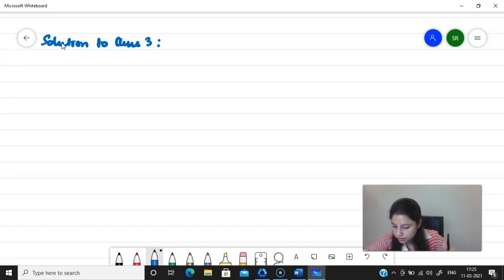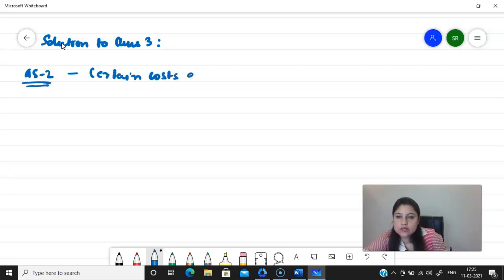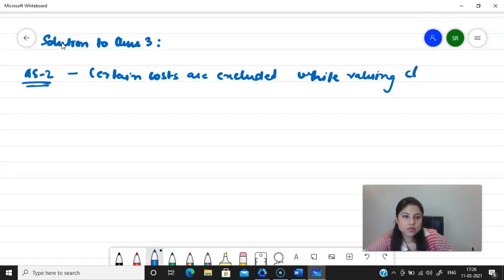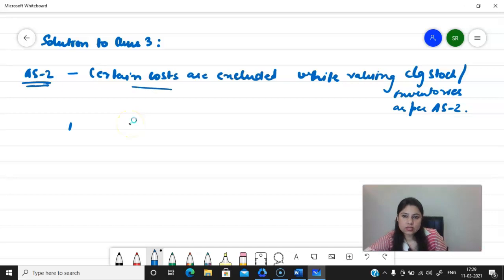As in AS 2, we have studied that certain costs are excluded while valuing closing stock or inventories as per AS 2.